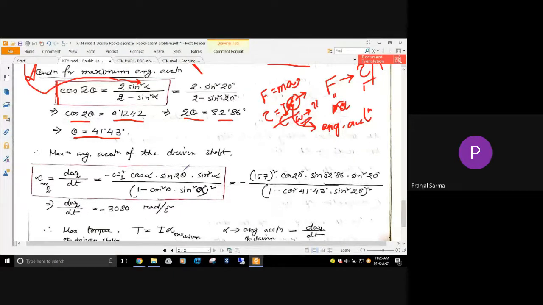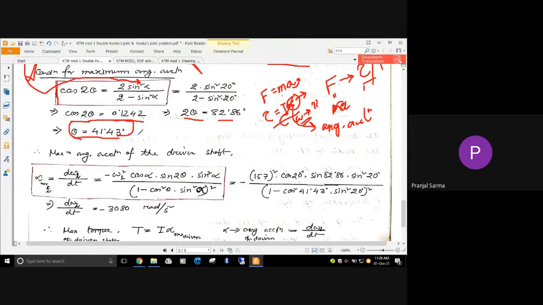So now, just like another expression that we can obtain, the maximum angular acceleration for the driven shaft. This expression you can use directly, or you can keep on deducing it, that is up to you. If you can recall it, that will be easy for you, so you can directly utilize it. Now we have found out theta.